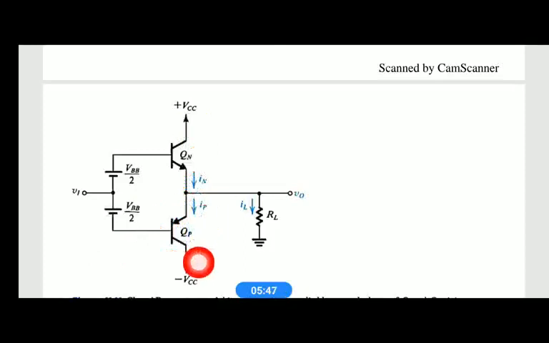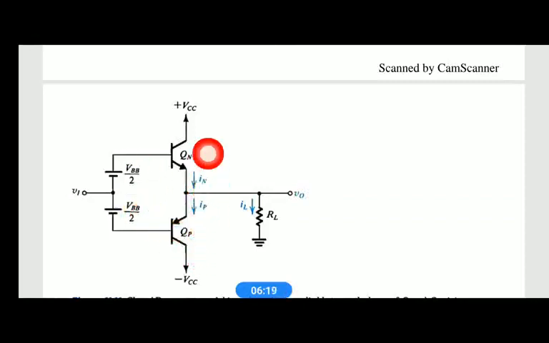Hence there is a current flow between emitter and collector of transistor QN as well as the emitter and collector of transistor QP. Both transistors are on, hence the current flow. But the current flow here is an equal amount, because we apply equal biasing voltage VBB by 2 to QN and VBB by 2 for QP in a complementary direction.